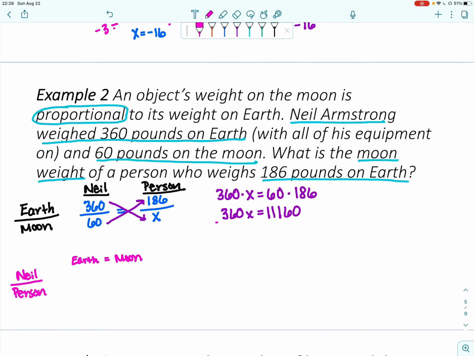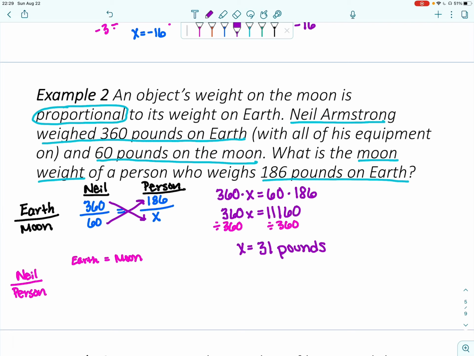And then we want to get the left-hand side, we want to get that X by itself. So divide both sides by 360 and we get 31. And we do have units on this now because it's an application. So 31 pounds.